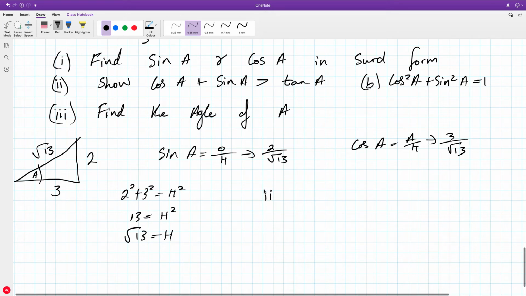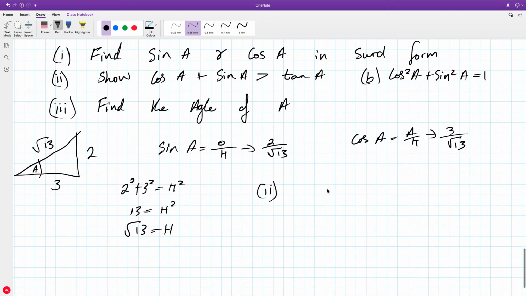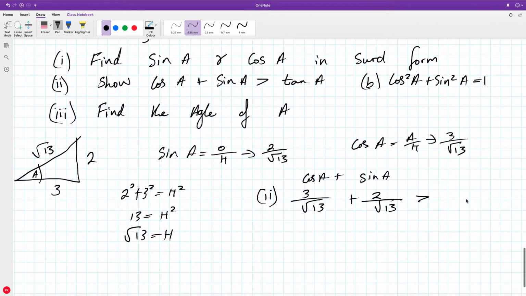Now, show that cos A plus sin A is greater than tan A. So the cos of A, which is 2 over root 13. No, it's not, Paddy. That's the sine of A. 3 over root 13, the cos of A, plus the sine of A, 2 over root 13, is greater than tan A, which was 2 over 3.